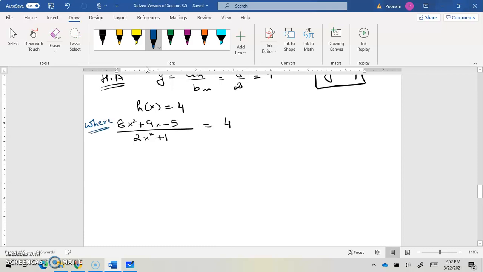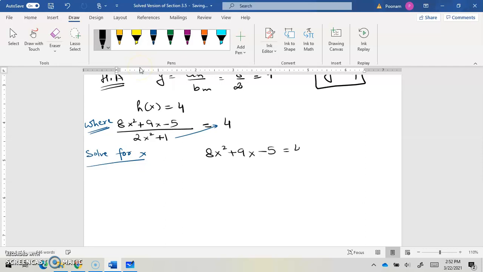We have to solve this for x. Let's do that. We can cross multiply to get 8x squared plus 9x minus 5 is equal to 4 times 2x squared plus 1. 8x squared plus 9x minus 5 is equal to 8x squared plus 4.